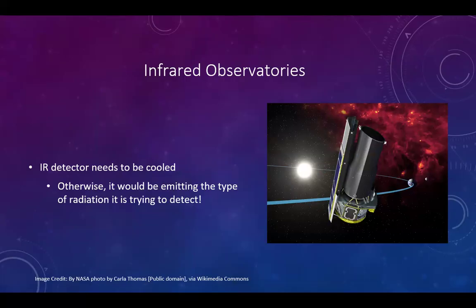But IR detectors need to be cooled. Because otherwise the heat of the detector activates the detector. If you're warm, you're emitting infrared light, which sets off your detector. Otherwise it would be emitting the type of radiation it's trying to detect. Not very helpful. So Spitzer used a method where it evaporated off material to cool.